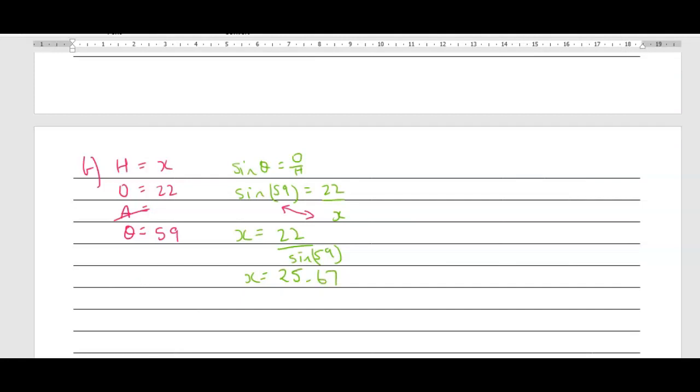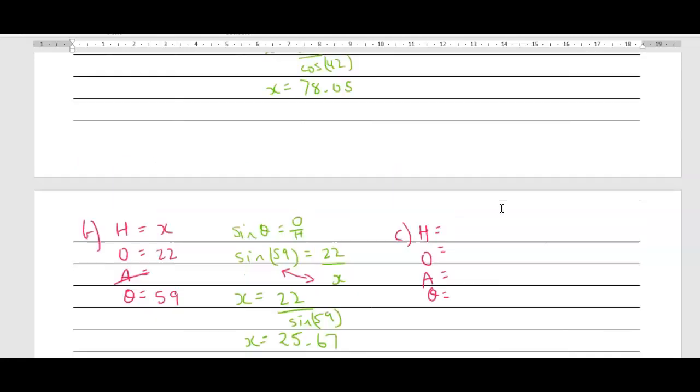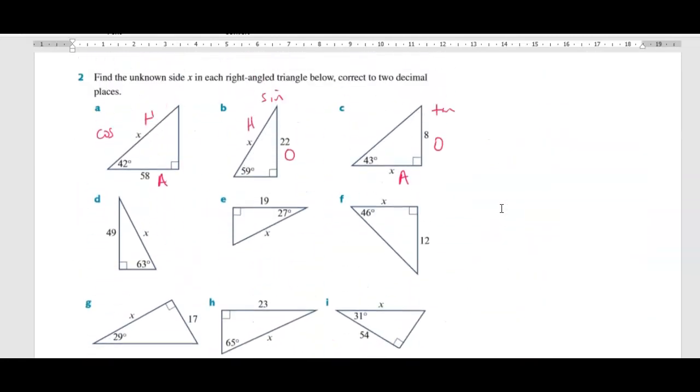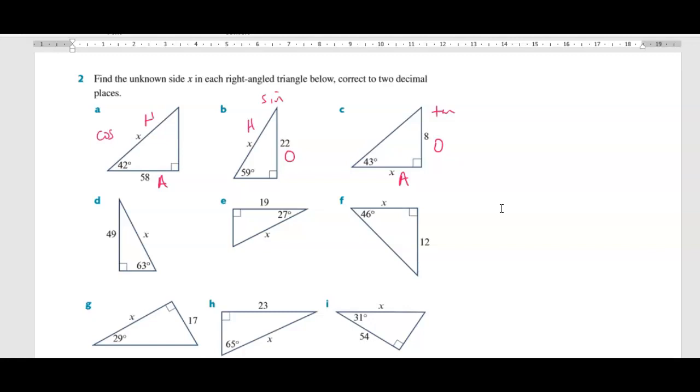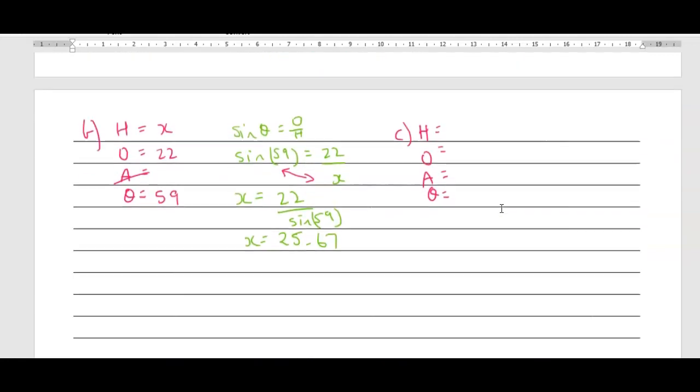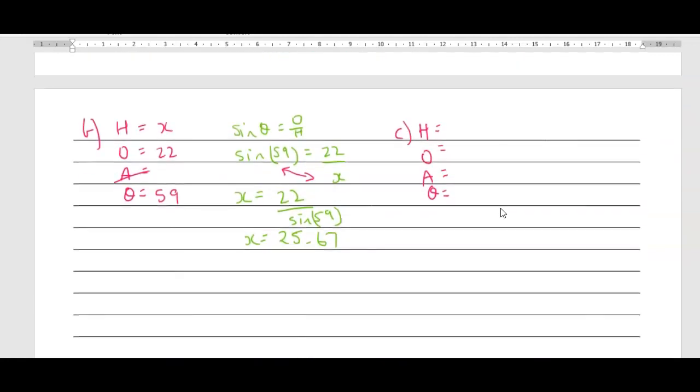All right, and let's just do C just because I labeled the triangle. And it's an example of tan. So scrolling back up to our triangle just so I can copy down the values. So what have we got? 8, x, 43. So we're not dealing with a hypotenuse.